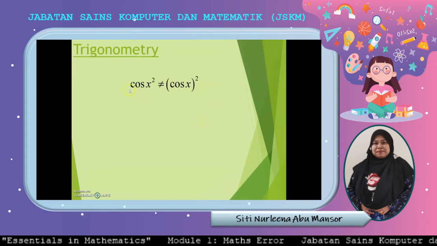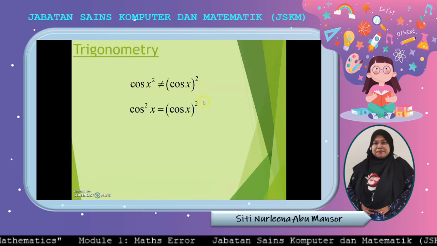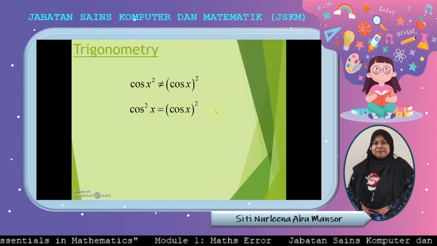So don't make this error when solving trigonometry. So cos squared x is different from cos x squared. Here the square is not on the angle but on the trigonometric function, so this is equivalent to cos x in brackets squared.